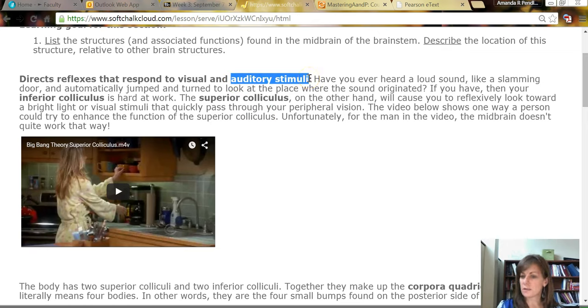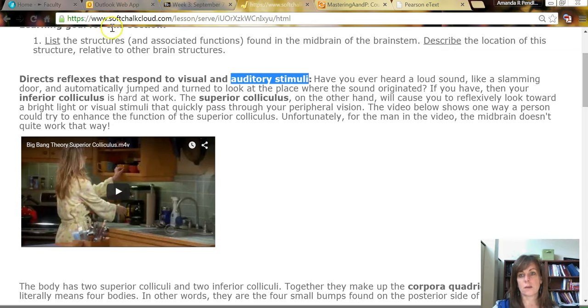I kind of pause for a minute, and then I'll take a book and I'll slam it down really hard on the table. And when I do that, everybody jumps, and they turn and they look toward the sound. Well, that's the reflex, this motor movement in response to an auditory stimulus or sound coming in. A reflex is generally not something that you consciously control. It's something that happens automatic and involuntarily.